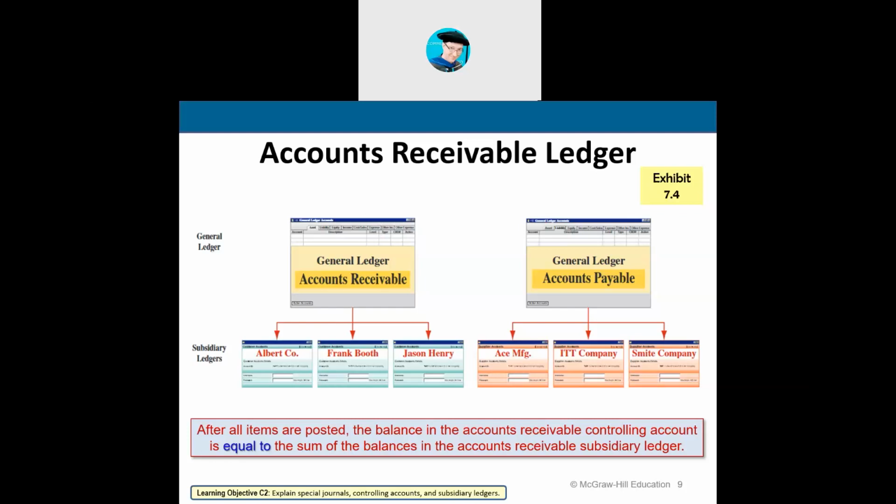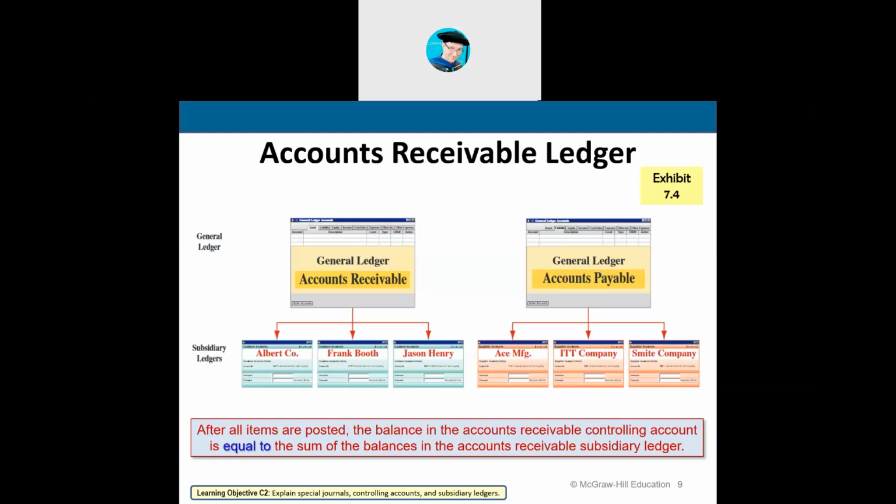And the same concept applies with accounts payable. In accounts payable, I have subsidiary accounts with all of my vendors that I owe money to. Right? So, one of them would be Pepco. Pepco would be a subsidiary ledger in accounts payable, the electric company. WSSC for water.